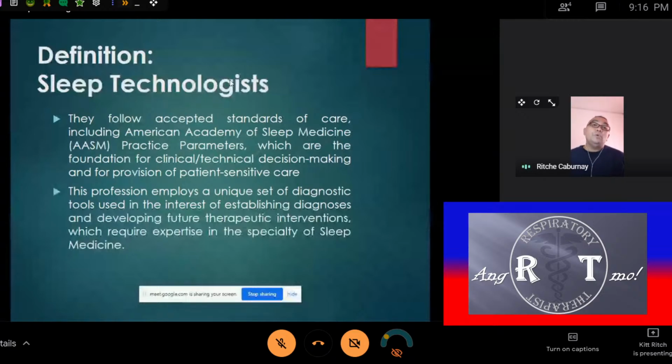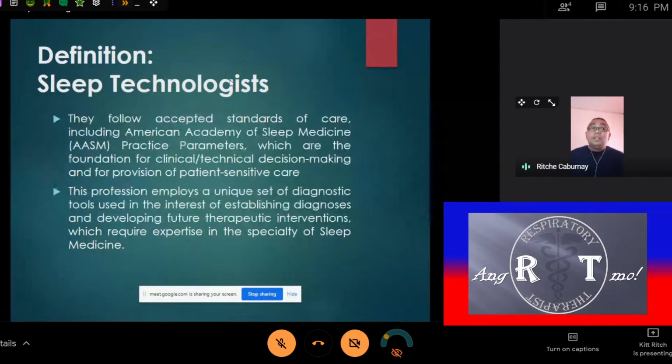However, if you are a registered polysomnographic technologist based here in the Philippines, you're not only following the AASM guidelines, but also whatever the PSSM guidelines are, or the Philippine Society for Sleep Medicine guidelines, in terms of the standard of care in polysomnography.